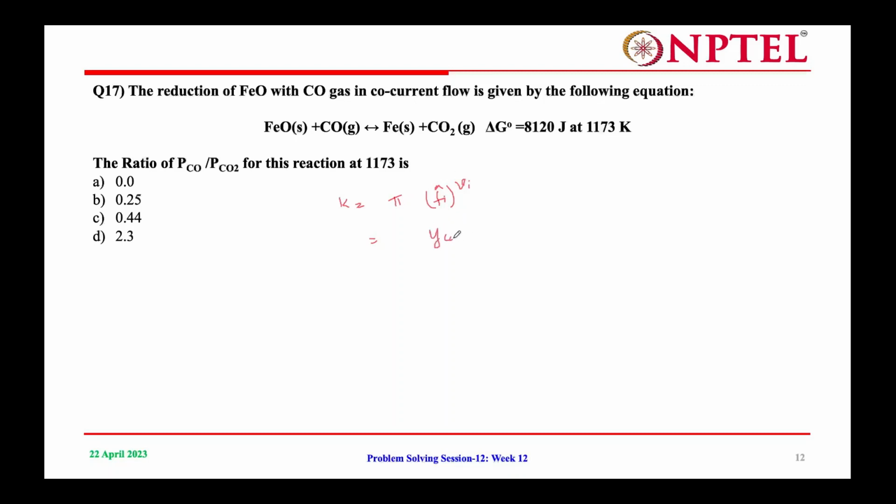So we have y CO2 times pressure over y CO times pressure. So mole fraction times total pressure is the partial pressure. So PCO2 over PCO is equal to K, right? So we calculated K equal to 0.435.